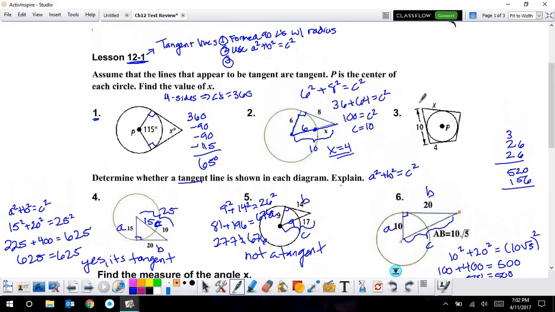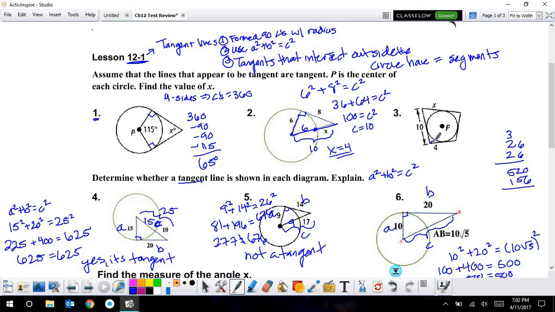So for 12.1, that was the last set that used Pythagorean theorem. The third thing that we did here was that tangents that intersect outside the circle have equal segments.